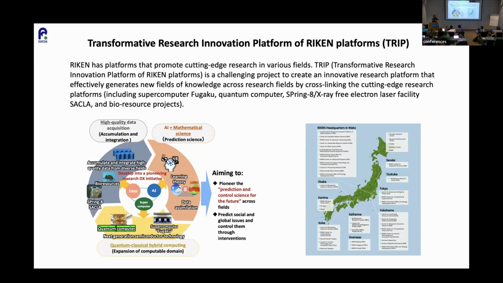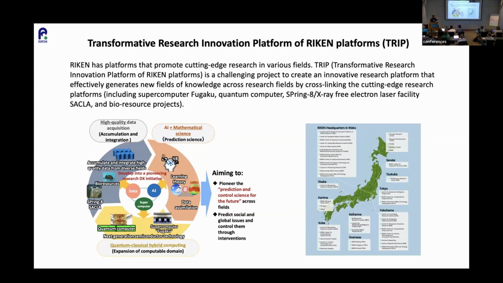Those data should be accumulated in a digital format, easy to put into RIKEN's computational system and high-end AI research, revolutionizing biology and fundamental science at RIKEN. That is the idea of this project.